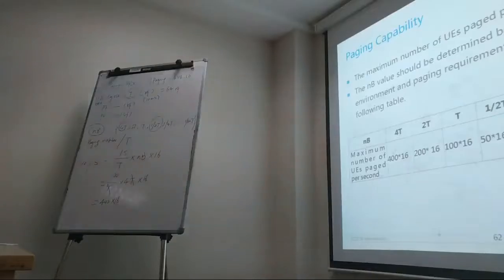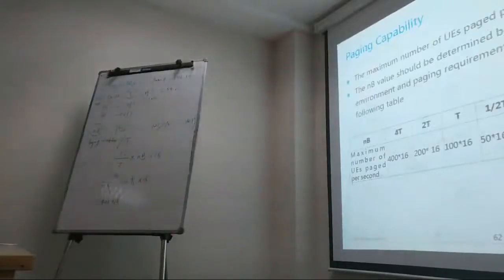It's decided by the message size. The paging message already has a fixed resource, like a box. If you put one UE inside it, it will allocate some resource. The total UE it can hold is 16. We don't need to define it because it's according to the size, and the size is fixed.